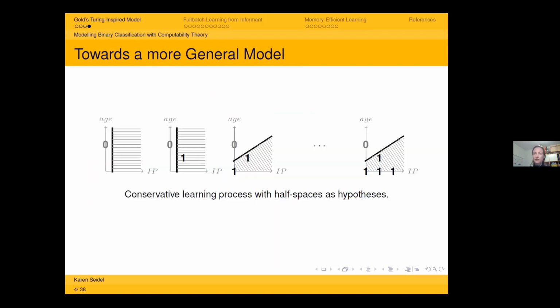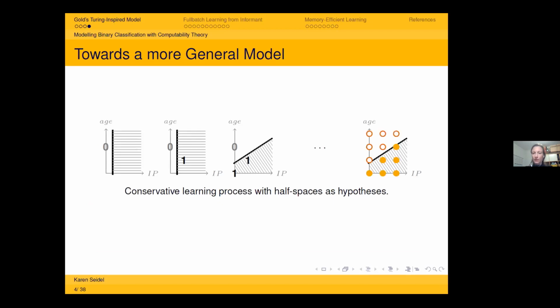So what we do in inductive inference is we look at recursively enumerable sets as our hypothesis. So we do not restrict ourselves to half spaces. One way to look at it is to say that every email in this very high dimensional space, I only drew 2 dimensions here, every email encoded as its feature vector, can be encoded in a natural number.